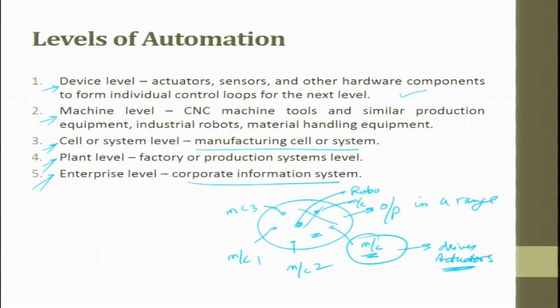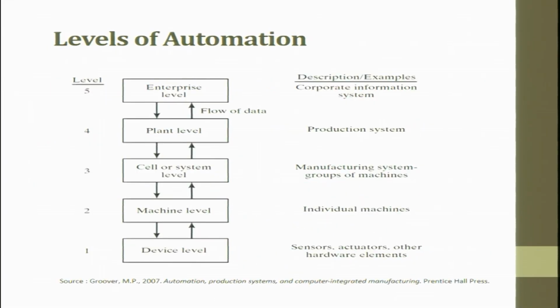The easiest level is this, the toughest level is this. Here there is a lot of data to be handled, here there is less data to be handled, less data in the sense of dynamic data, time based data. So, this is how the flow of data happens here. This is the example.